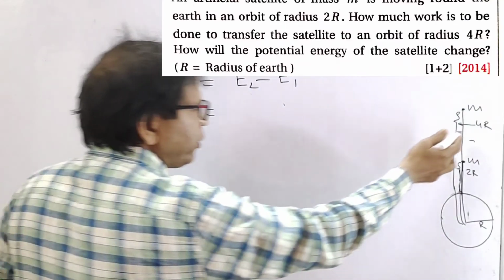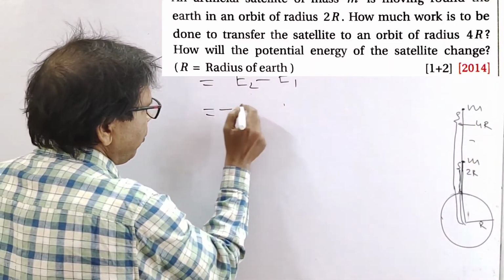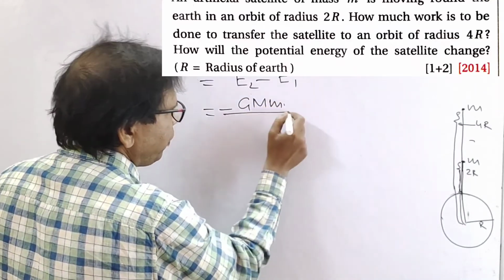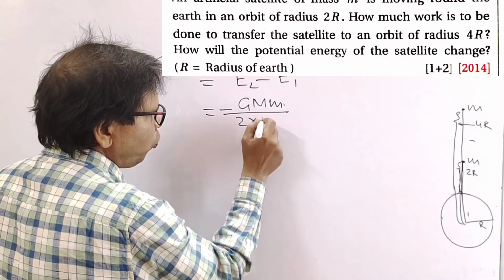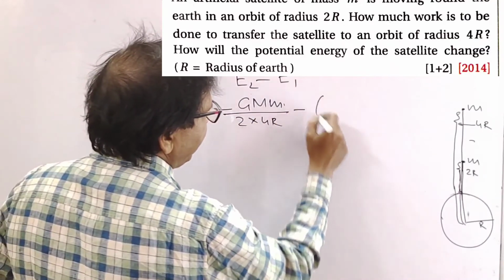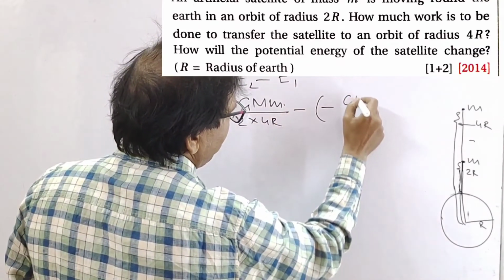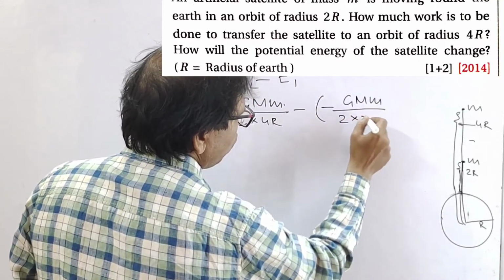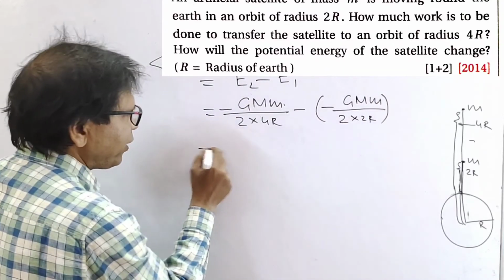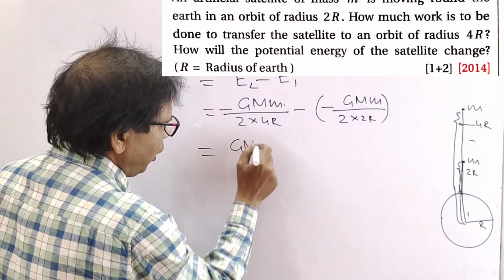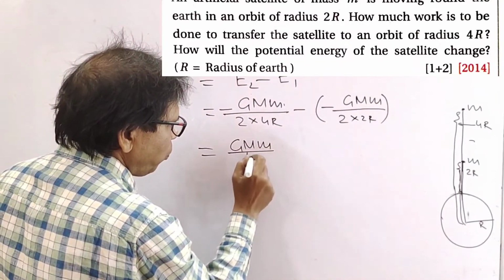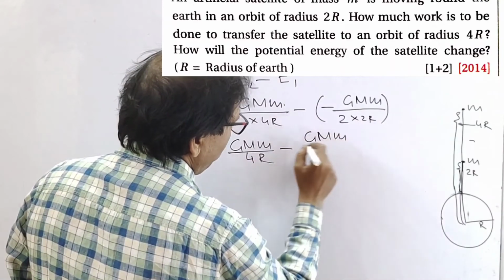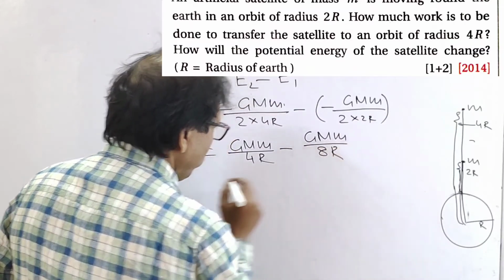What is the final energy? Now the final energy is minus G, mass of the earth, mass of the satellite, divided by 2 into 4R. Now what is the initial energy? This is minus G, mass of the earth, mass of the satellite, divided by 2 into 2R. Okay. So look at this. This is G capital M small m divided by 4R minus G capital M small m divided by 8R. So look at this.